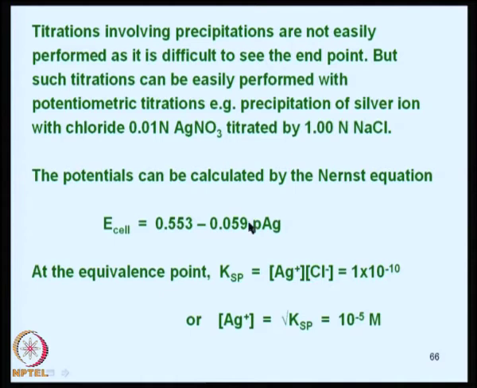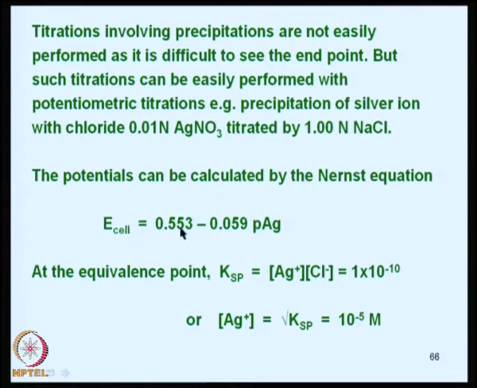Consider the reaction of silver ion with chloride ion. Now, we are going to consider 0.01 normal silver nitrate against 1 normal sodium chloride. That is, again there is a 100 times difference in the concentrations of the titrant and the titrand. So, the potentials can be calculated by using the Nernst equation.